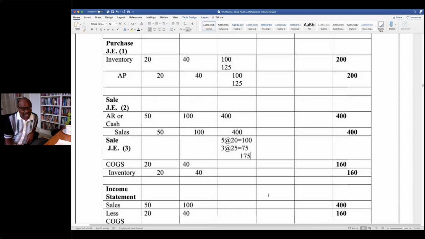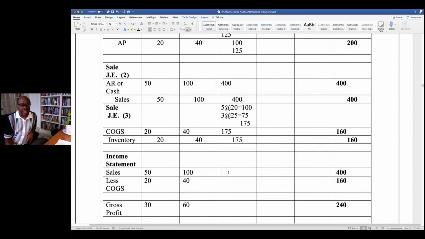So we have a little calculation in here to determine the cost. We would be debiting cost of goods sold 175, and crediting inventory 175.